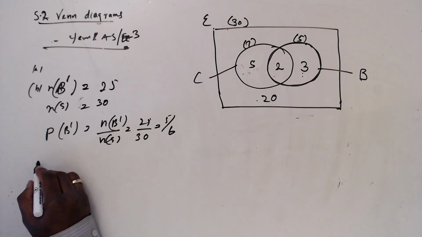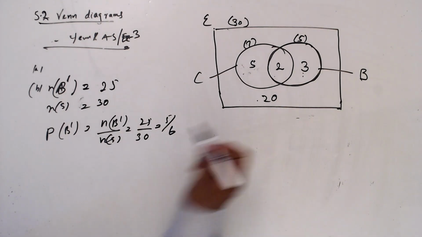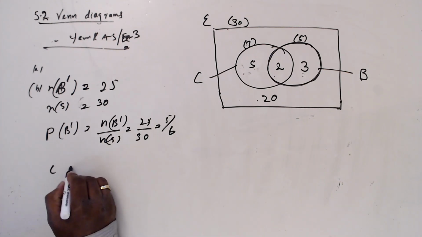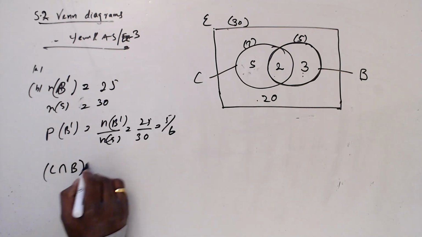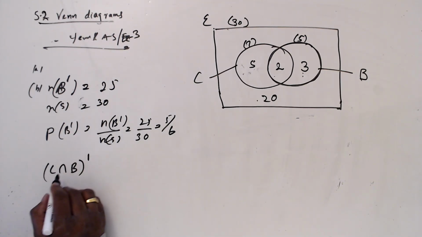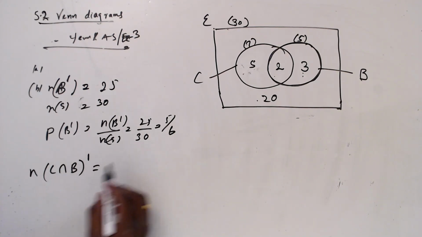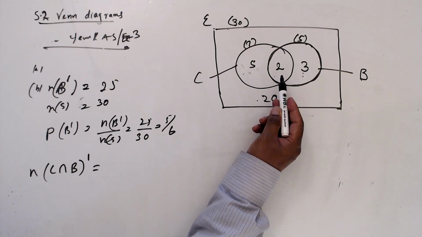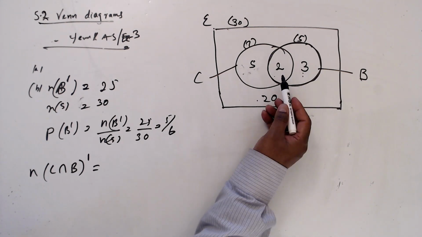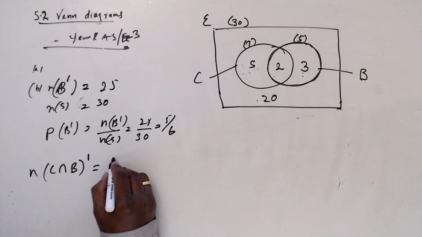Then the next question: the student is not in the choir or the band. In the band, so 2. Then C and B intersection, they are in the band, and the prime complement. How many people are there? In the band, both choir and this one, 2 people. Not in the choir or band: in the choir is 2, then not in, 30 minus 2, 18.